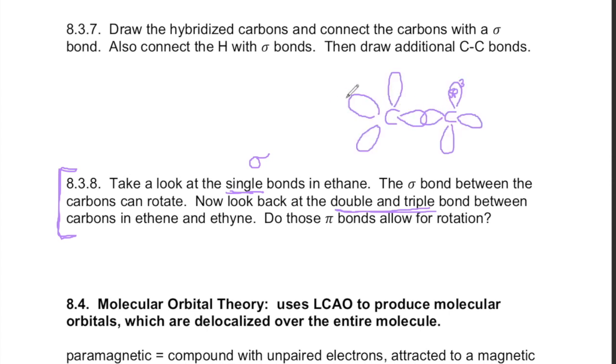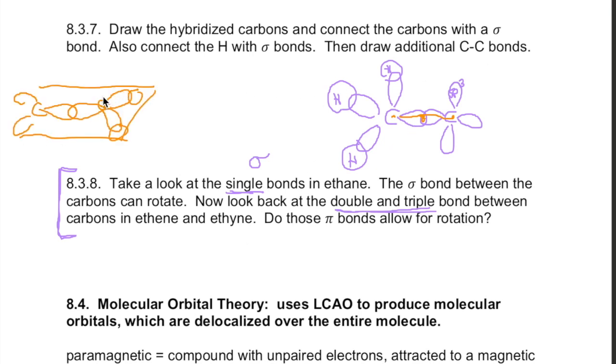So here is ethane, got some hydrogens over here, and this is the sigma bond between the two carbons. It passes right through the area of overlap when you go from one nucleus to another, and this can twist about this one over here. So this sigma bond is in between the carbons, and so one of these lobes can twist around and we still have the same amount of overlap. It does not harm anything to twist this carbon around in a circle if we wanted to.